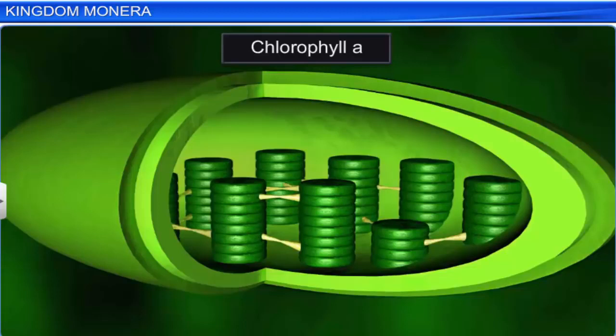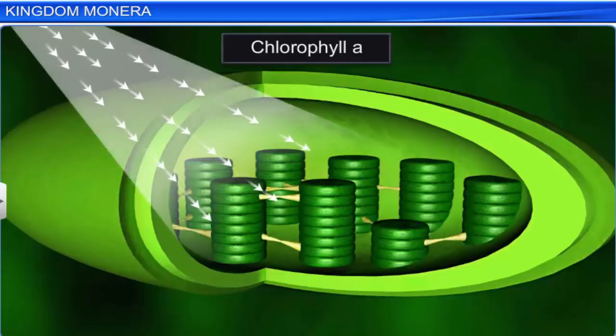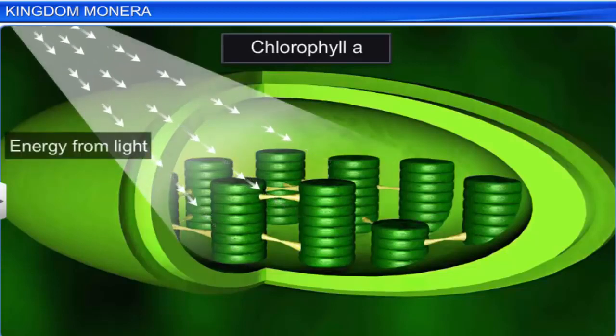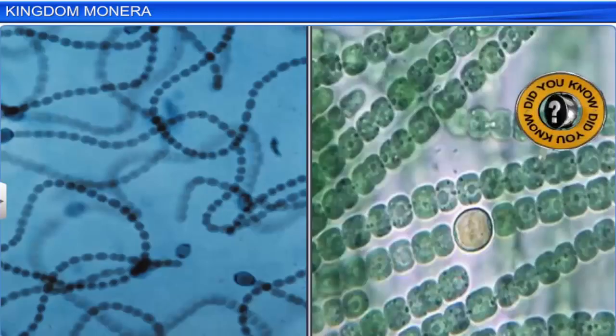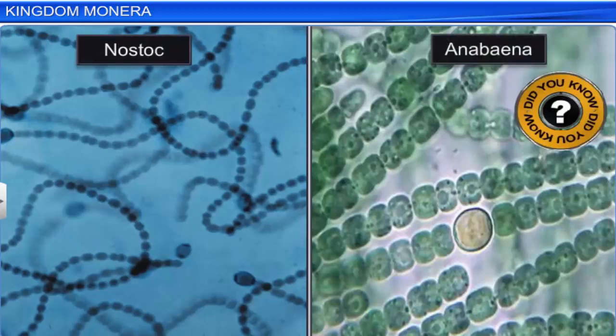That is, they synthesize their food by using light energy. Did you know cyanobacteria like Nostoc and Anabaena can also fix atmospheric nitrogen in their specialized cells called heterocysts?